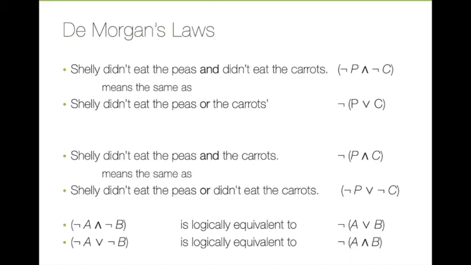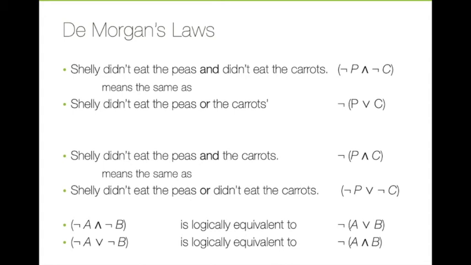And it turns out there's another pair of statements, one using conjunction, the other disjunction, that also mean the same thing. When we studied conjunction, we symbolized Shelley didn't eat the peas and the carrots as it's not the case that both P and C. That's the third symbolization down on the right.